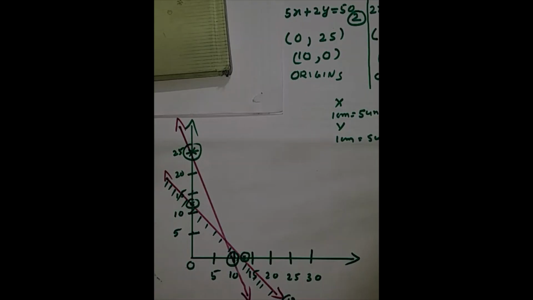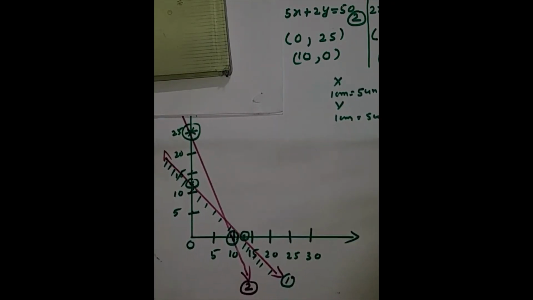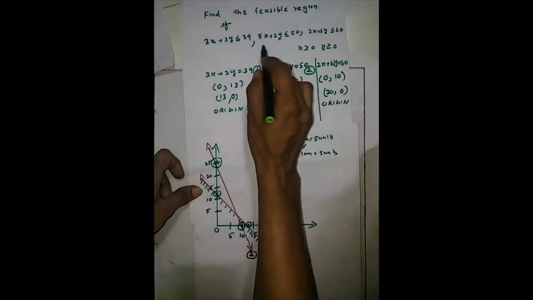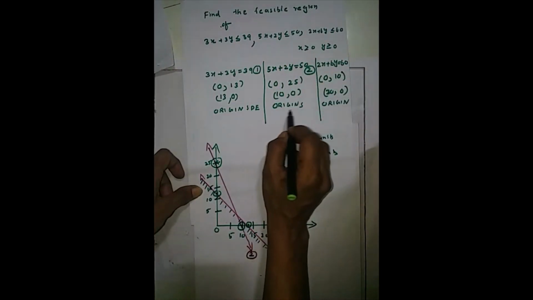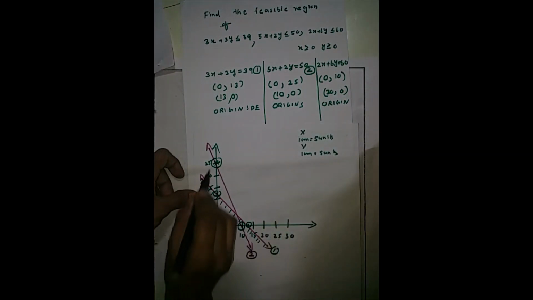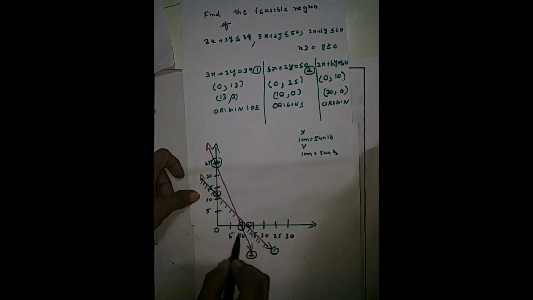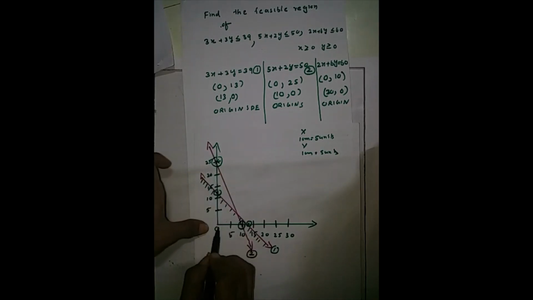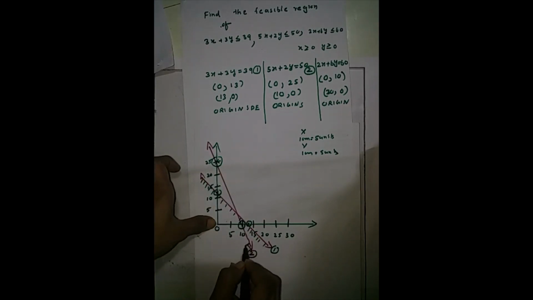Immediately give the name, equation number 2. For equation number 2, the shaded region is the origin side, the solution is the origin side. So this is the line, and the inequality is the origin side. Shade slightly.